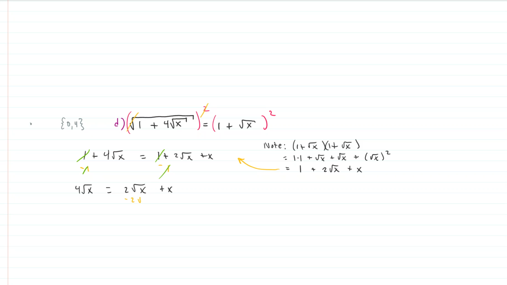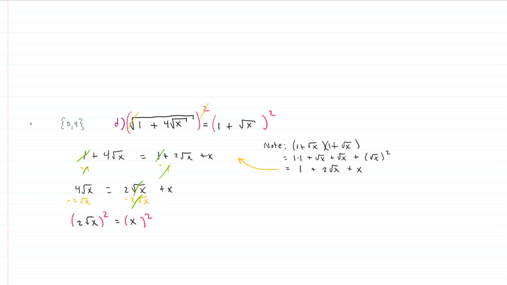We're taking that 2 root x on the right over to the left. Cancels on the right. And we had 4 originally, we take 2 away, so we're left with 2 root x. And that equals just x. All right.